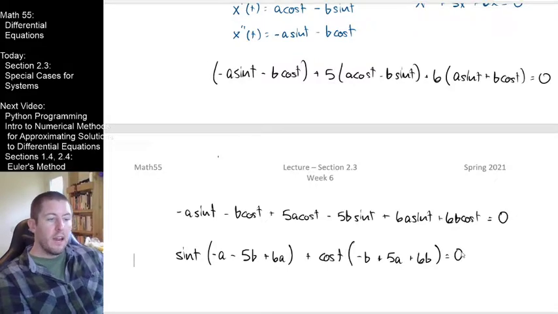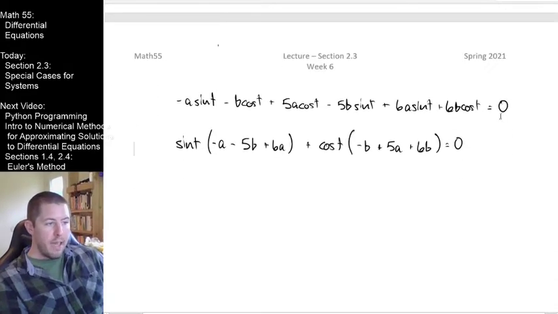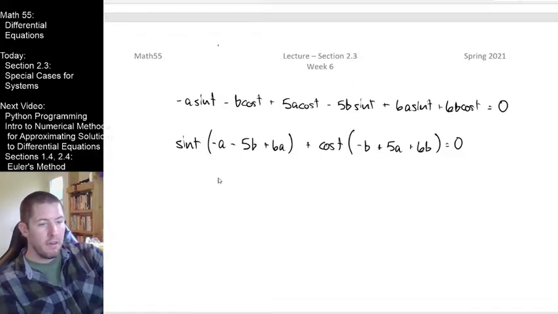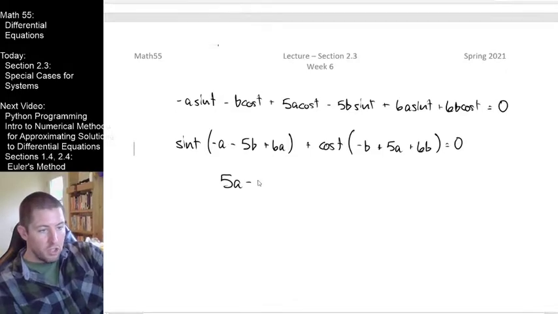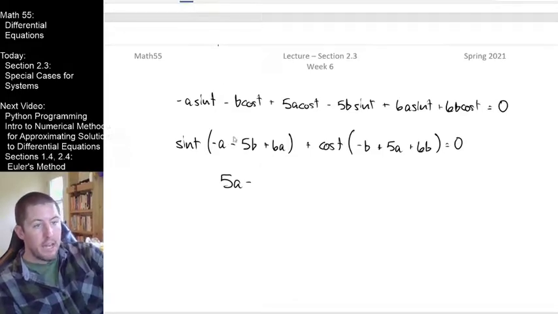Now, the thing that I'm noticing is that on the right-hand side of my equals sign, how much sine and cosine do I have? It's 0. I don't have any of it, right? So I'm going to combine some like terms here. This should be saying to me 5a minus 5b should be equal to 0, because I need to match up the amount of sine stuff on the left with the amount of sine stuff on the right.